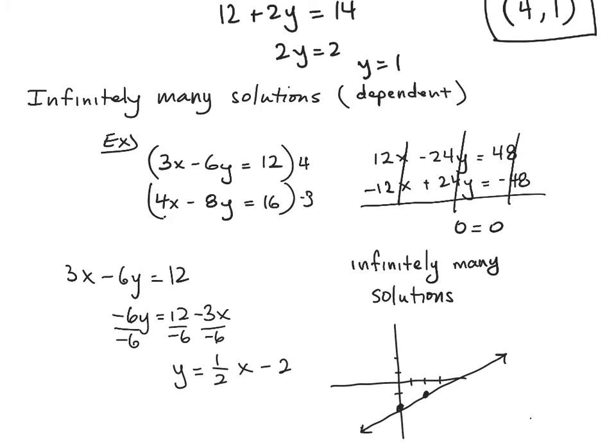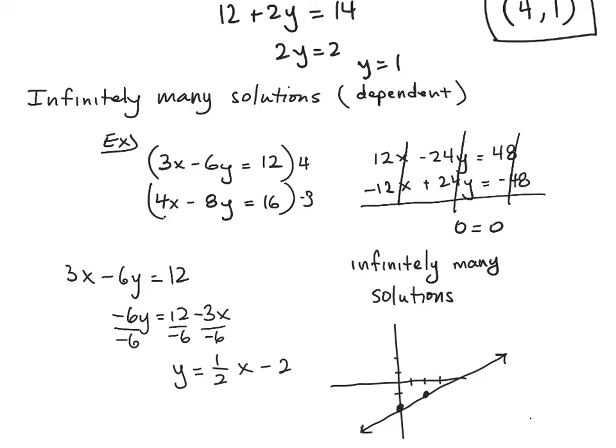Now there's a little point of confusion sometimes with students where they confuse infinitely many solutions with all real numbers. And it's not the same thing. All real numbers and infinitely many solutions are two completely different ideas in the context of what we're talking about here. Remember, solutions to a system of equations are points on a graph.